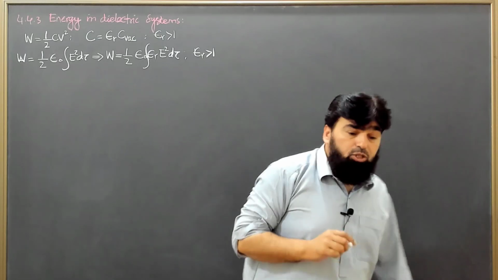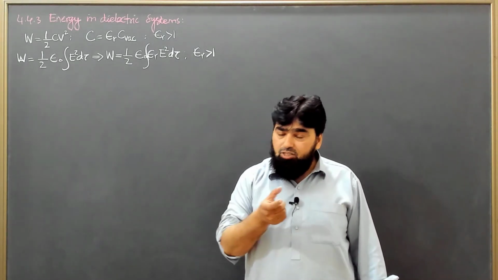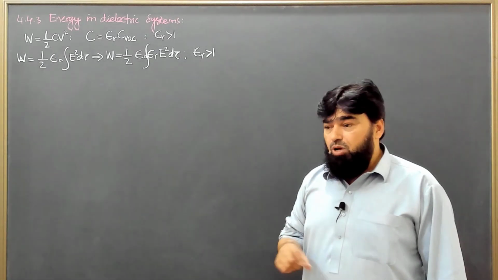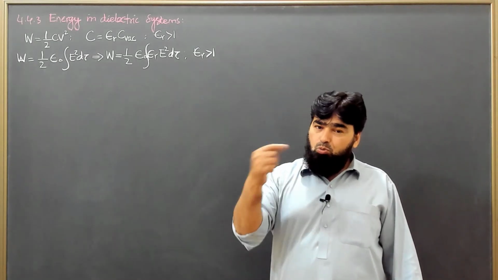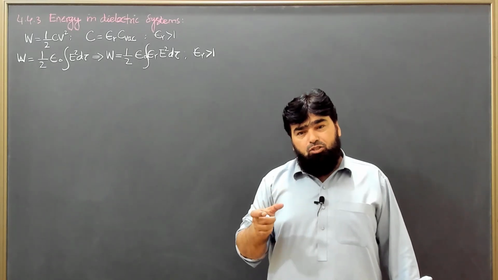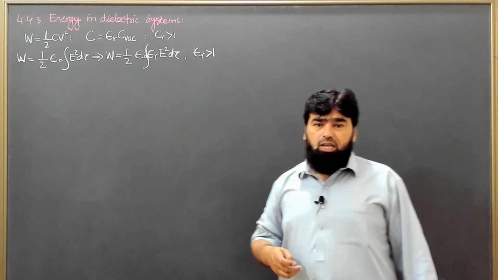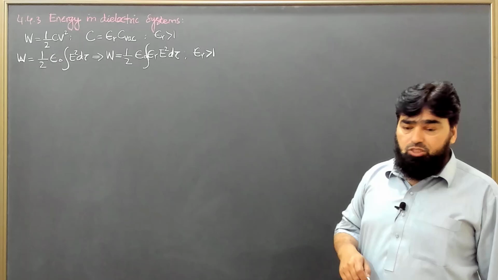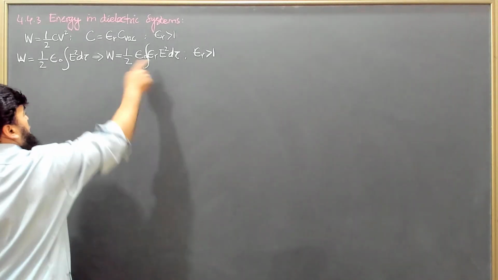Now, how has this energy increased? This is a question: the dielectric basically increases the energy of the system. How does the dielectric increase the energy of the system? Because polarization occurs in the dielectric, and that polarization stores electrical energy, and we will have to sort this out. From where does this energy come in?